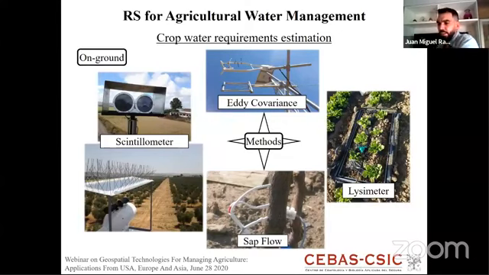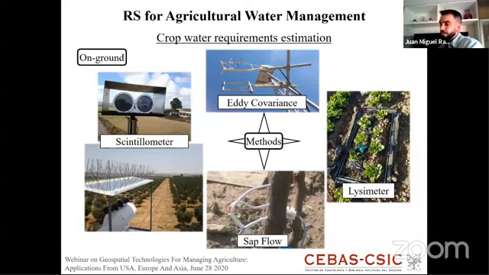We also find the eddy covariance technique, which measures both the latent and sensible heat fluxes by correlating fast fluctuations of vertical wind speed with the fluctuations in atmospheric water vapor density. This system is normally composed of a three-dimensional sonic anemometer and a gas analyzer, and is complemented by a net radiometer and soil heat plates.